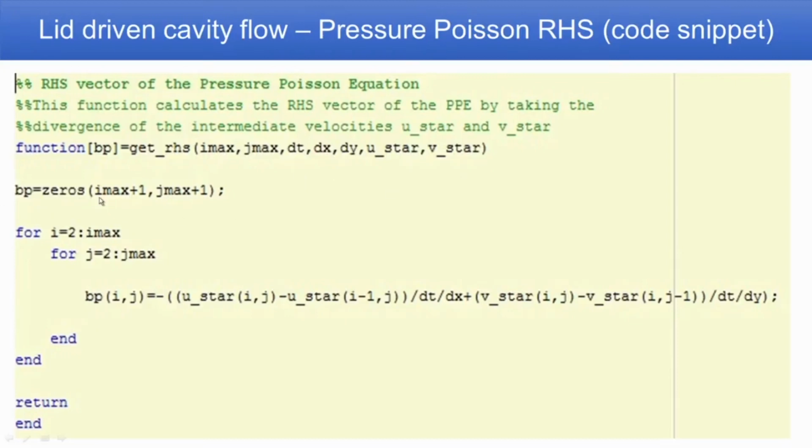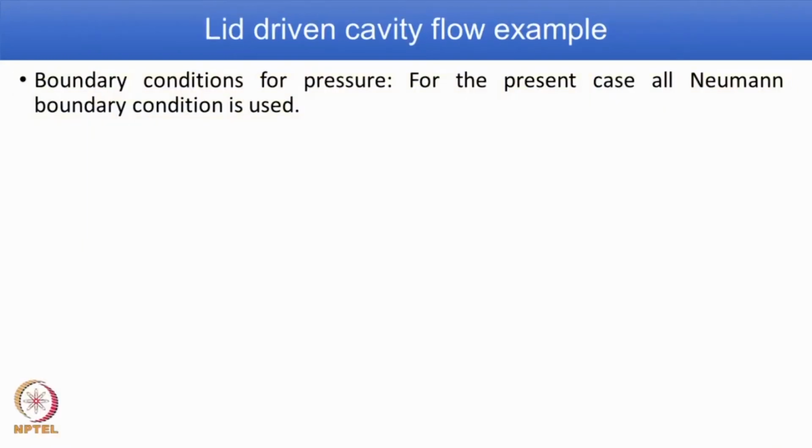Initially they are set to zeros with the memory size related to the number of nodes as shown here. Now, for I 2 to I max and for j 2 to j max, BP is calculated as shown here. This is exactly what we explained in the previous slide, only thing it is written in MATLAB code form as shown here. So, we have calculated separately the right side term and separately the left side term.